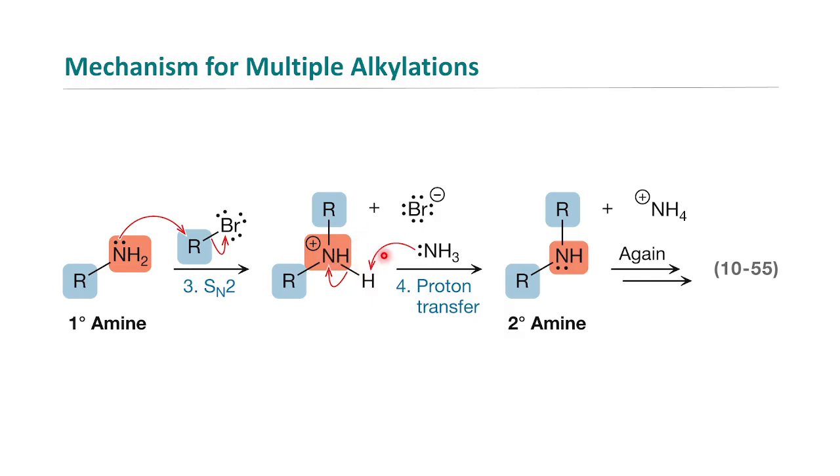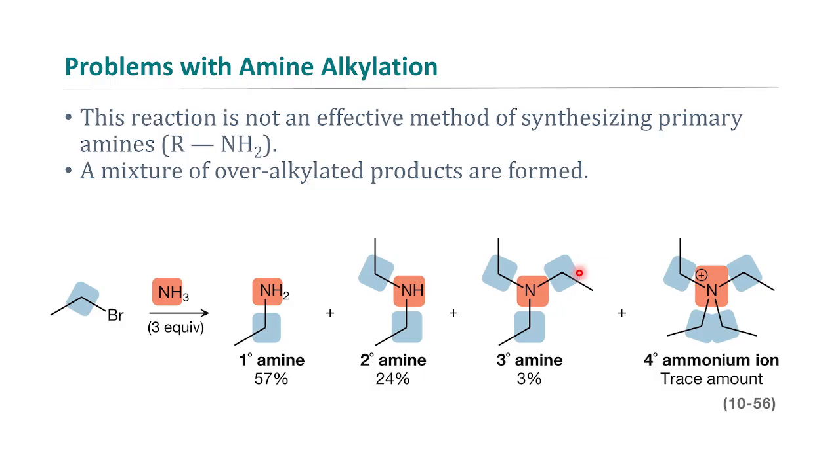And that's going to do another proton transfer step, and we can get the secondary amine right there. Now, this can actually happen again, and it actually does this quite well, and so we can go ahead and alkylate this one more time, and we can get the primary, secondary, tertiary amines, and finally the quaternary ammonium ion as well.